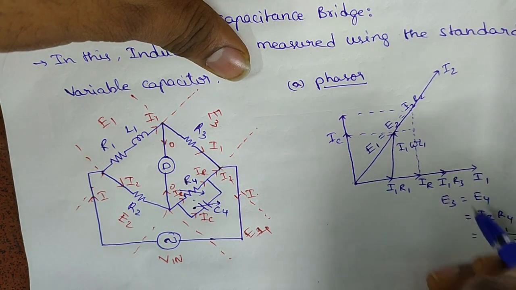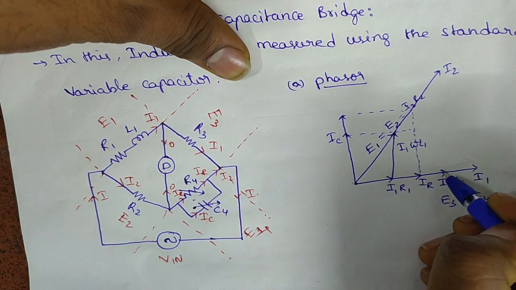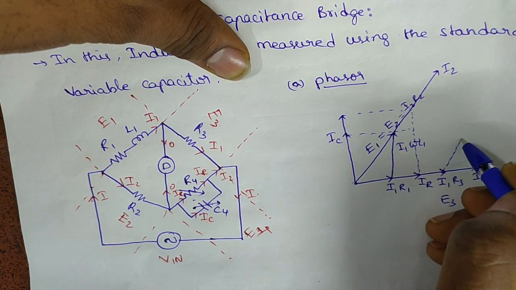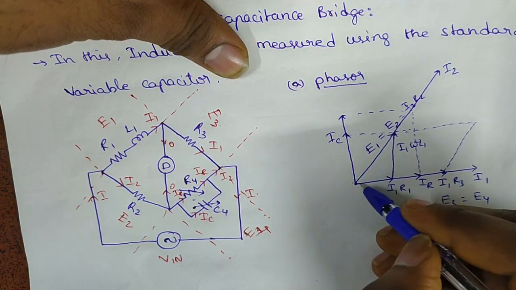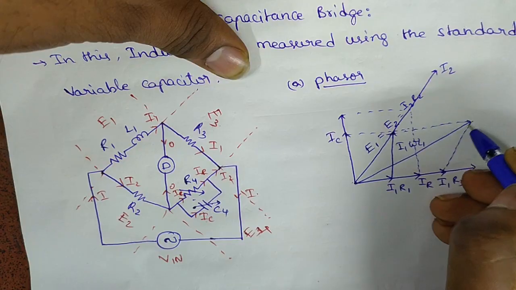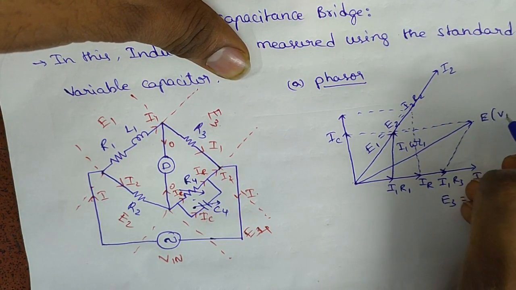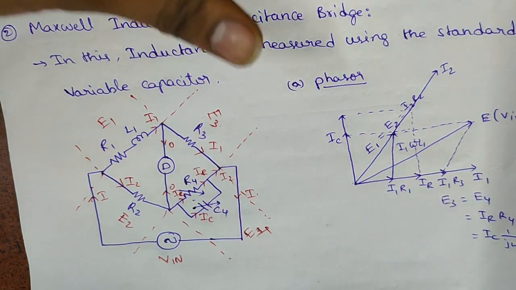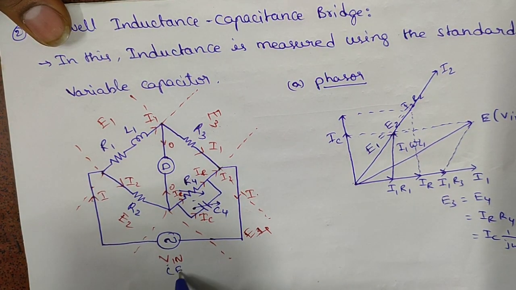So this point is E3 E4. This point is E1 E2. The resultant will be here. That is the total applied voltage E or V in. Anyway you can call it, here we can take it as E.